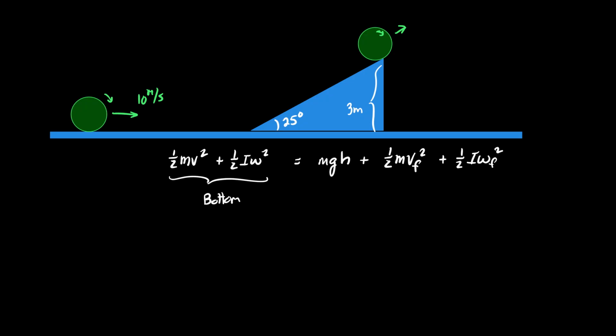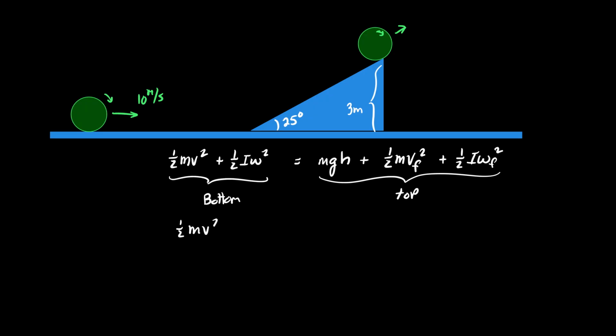Still rolling. And this is all at the top of the ramp. We all good? All right. They say it's rolling, and they tell me it's a sphere. There's a lot of things I can do right away to make this work out easier. So let's consider doing them.